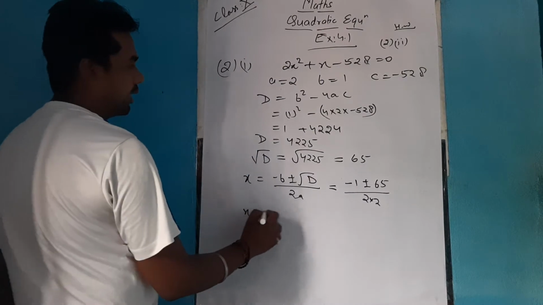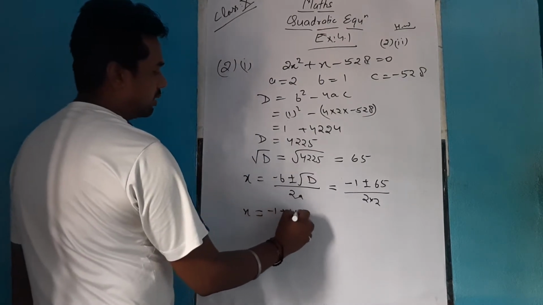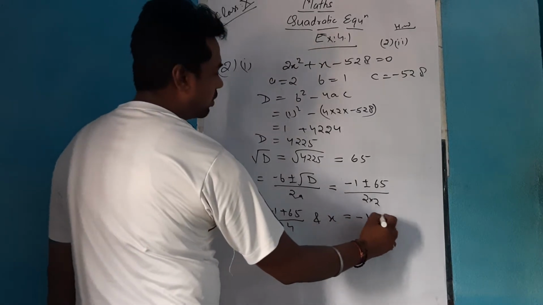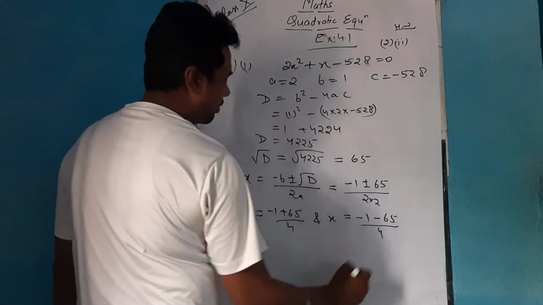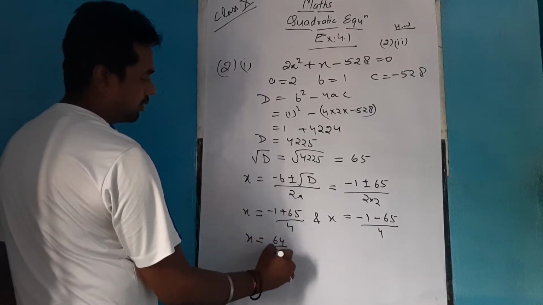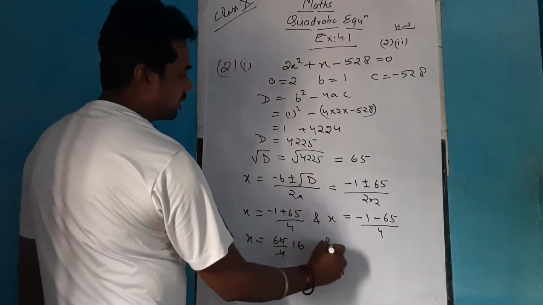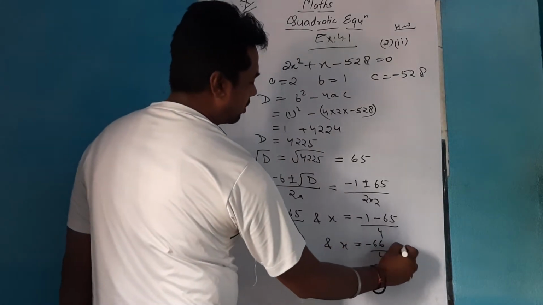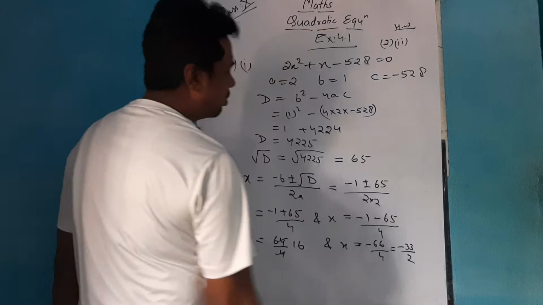So the value of x is (minus 1 plus 65) by 4, and the value of x is (minus 1 minus 65) by 4. So from here the value of x becomes 64 by 4 equals 16, and from here minus 66 by 4, that is minus 33 by 2.